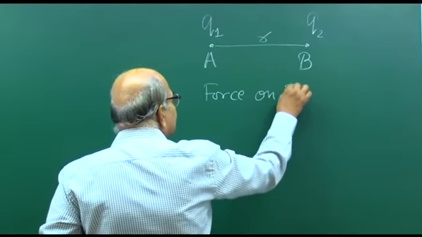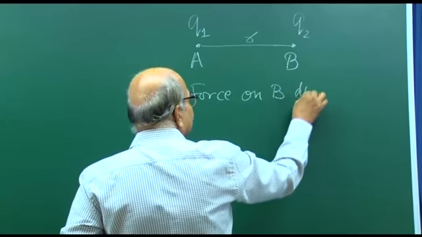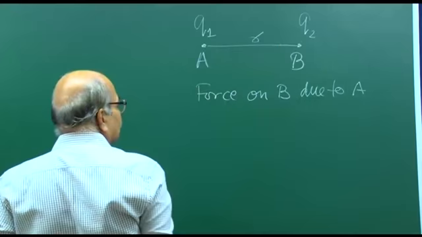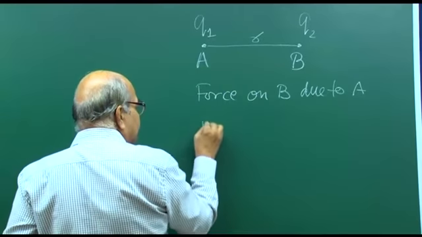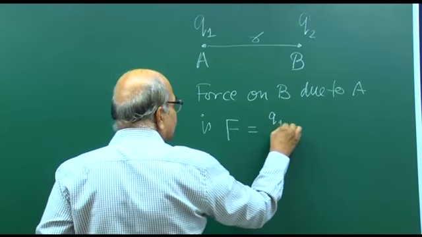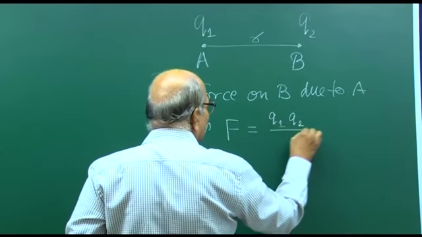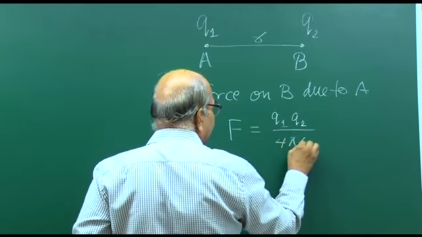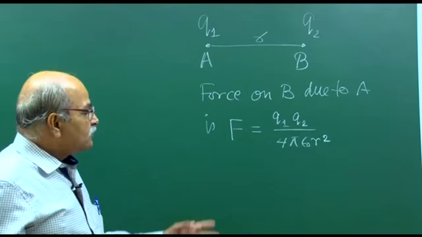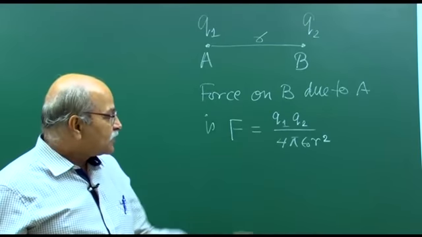If that happens, then the electrical force on B due to A is given by F equals Q1 Q2 over 4 pi epsilon naught R square, with proper direction.